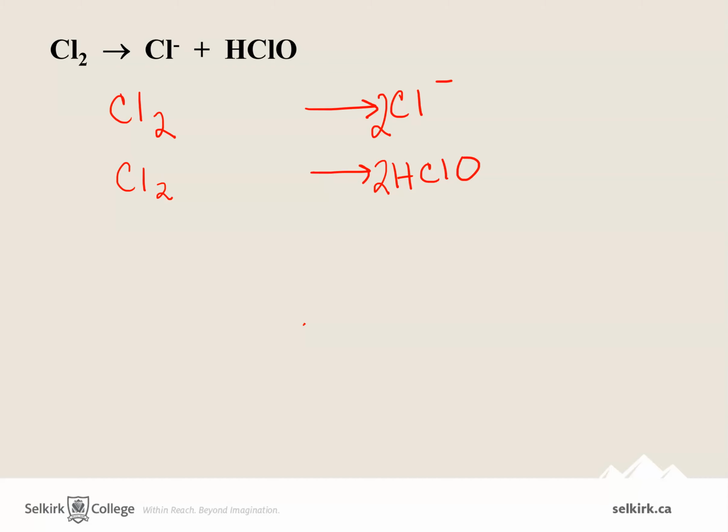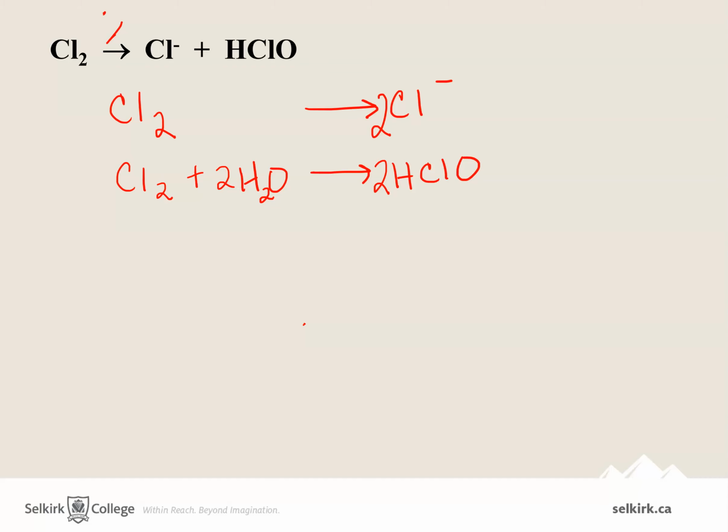And we're assuming we're in aqueous solution, so we're going to balance the oxygen with water. I'm going to put 2 water molecules on the left-hand side. And let's double check. 2 oxygens on the left, 2 oxygens on the right. Good.